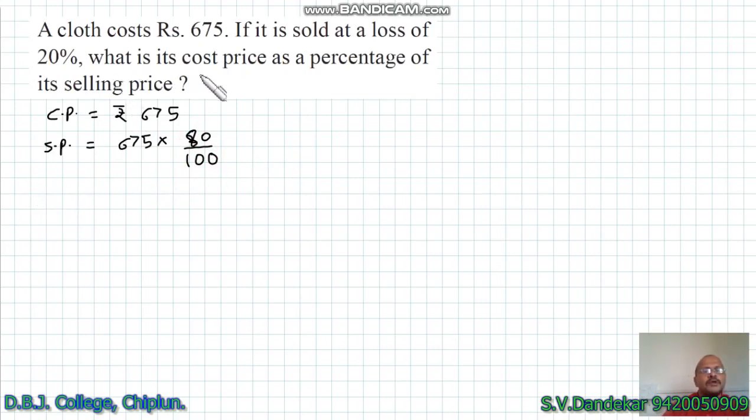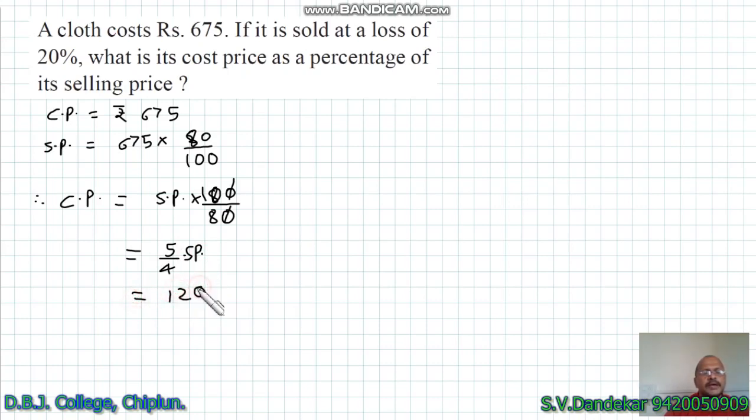And what is cost price as a percentage of selling price? And therefore CP is equal to SP into 100 upon 80, equal to 5 by 4 times SP. 5 by 4 times SP means 120% of SP.